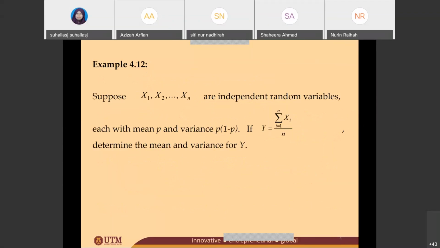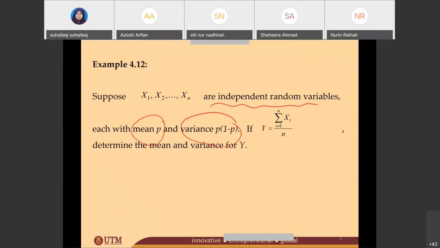Okay, let's say, again, this one pun kamu dah tengok sebenarnya. Kita dah prove mungkin dalam taburan pensampelan, sampling distribution during your first year. So suppose that X1, X2, Xn are independent random variable, each with mean p and variance p(1 minus p). So keywords here, you have your independent random variable, and then you have your mean, and then you have your variance.